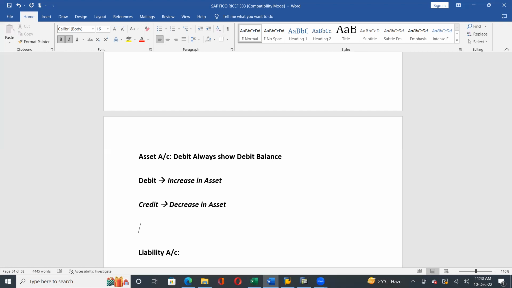Whenever goods are concerned, as per the nature of the business, if we are purchasing goods, then we will write it as purchases.